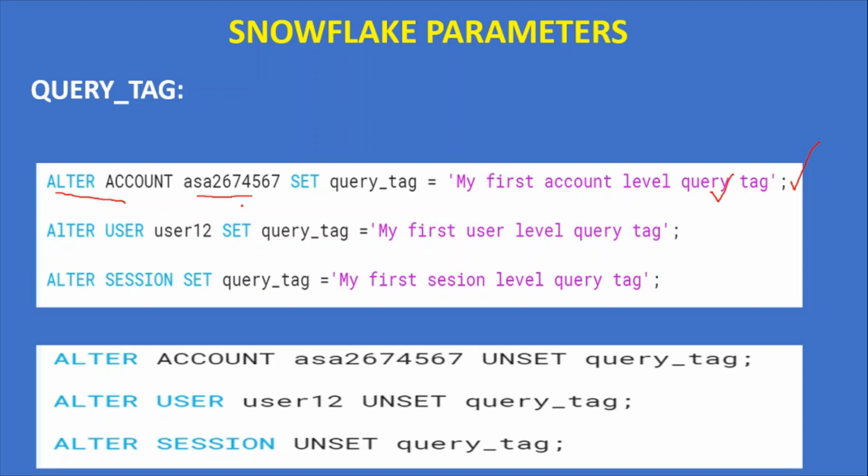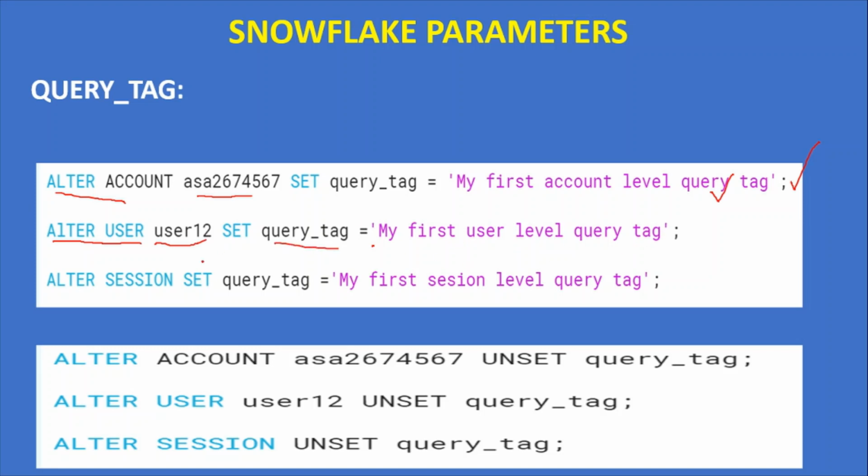Within the organization we may have more than one account. So in that case, if you want to set this query tag at each account level, then you can use this account level. And if you want to set this query tag at user level within the account, to set your own query tag for your particular user, then ALTER USER name SET, and the keyword is QUERY_TAG, and whatever string you want.